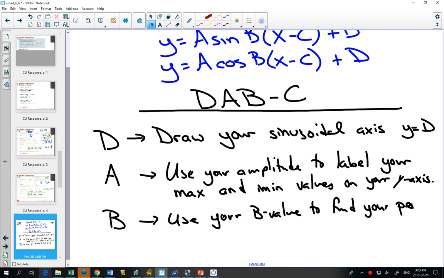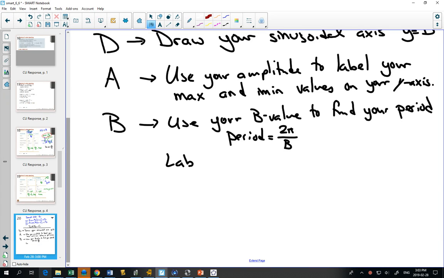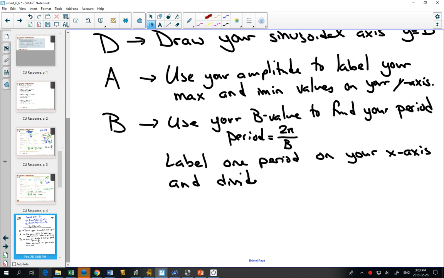to find your period. Remember that your period is equal to 2 pi divided by your b value. Label one period on your x-axis and divide into 4 equal sections.